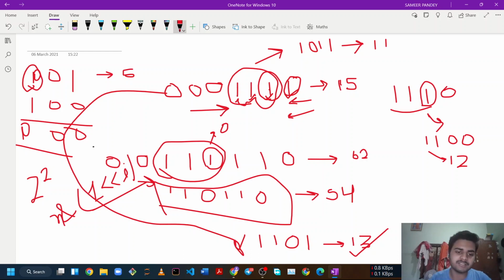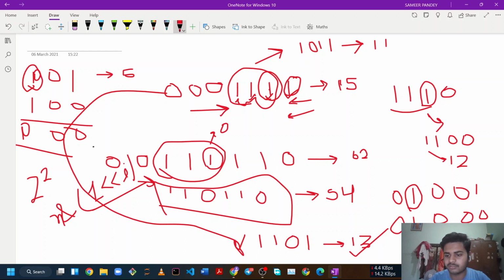So how can I unset one bit? Okay, for example, this is 1 0 0 1, and this is also 0. And if I want to unset this, that is 0 also. So what I'm going to do is XOR. XOR with what? For example, positions 0, 1, 2, 3. I'm going to take the XOR with 8. So what is the 8? This is the 8. So what happens if I take the XOR with 8?